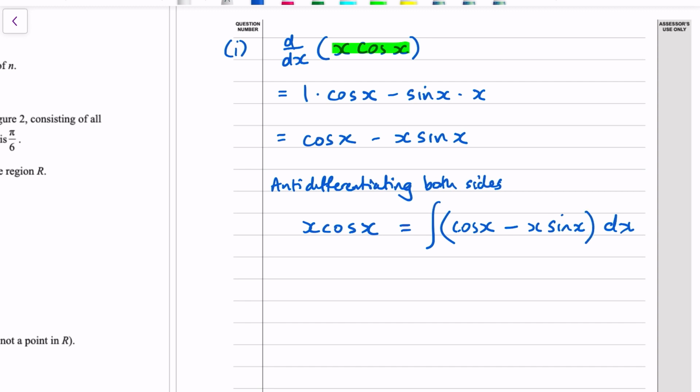Hopefully that makes sense: the derivative of x cosine is cos minus x sine, so the antiderivative of cos minus x sine must equal x cosine. That was a bit of a mouthful.